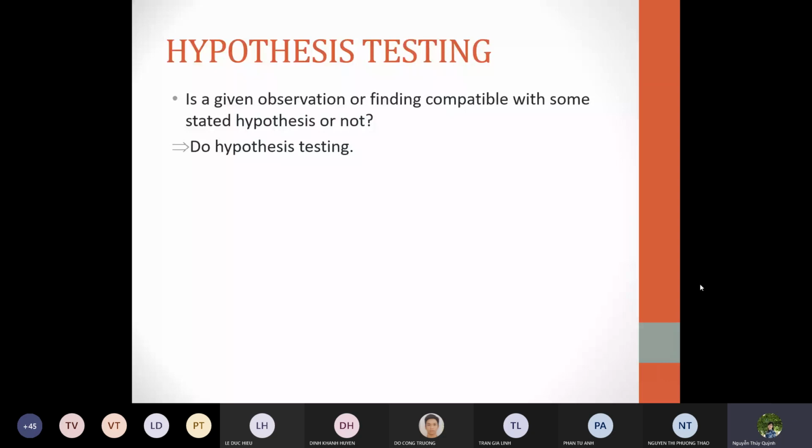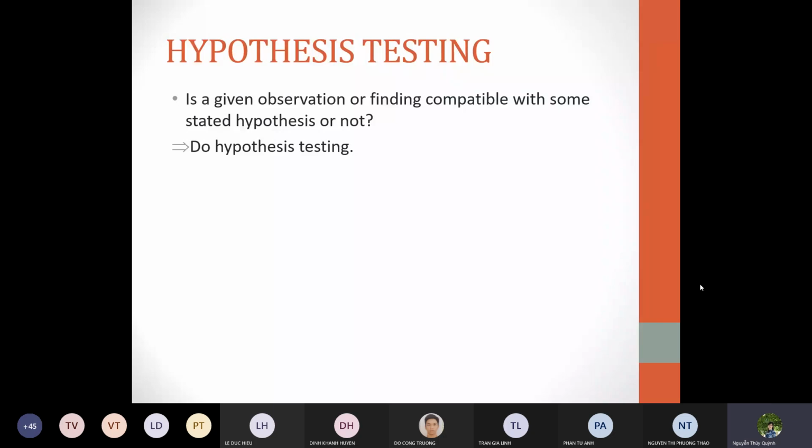So in the context of econometrics, our hypothesis is about our model's regression coefficient. Our hypothesis is what we believe about the regression coefficient.